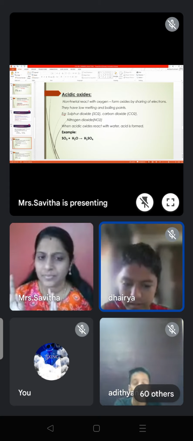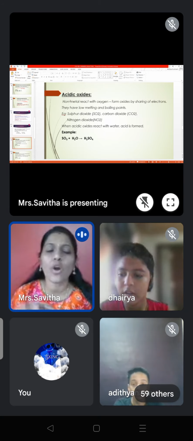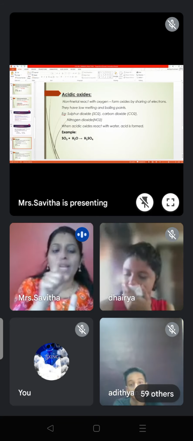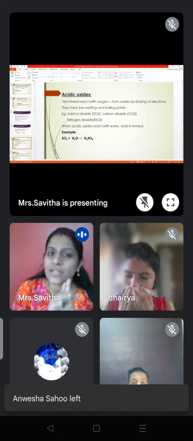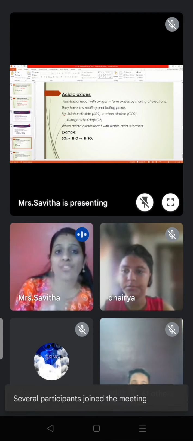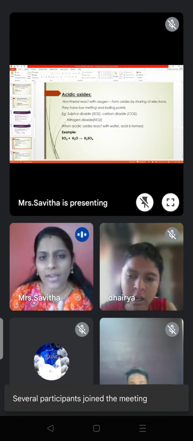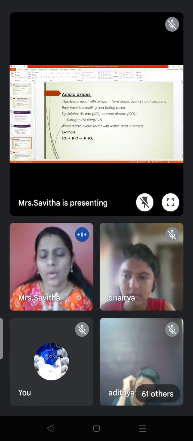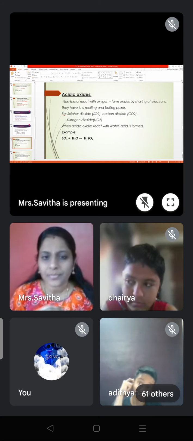Acidic oxide, or in simple terms we say non-metallic oxide. So don't forget, non-metallic oxide and acidic oxide are one and the same, just the names are different. Just like a combination reaction is also called a synthesis reaction, in the same way acidic oxide is also called non-metallic oxide.